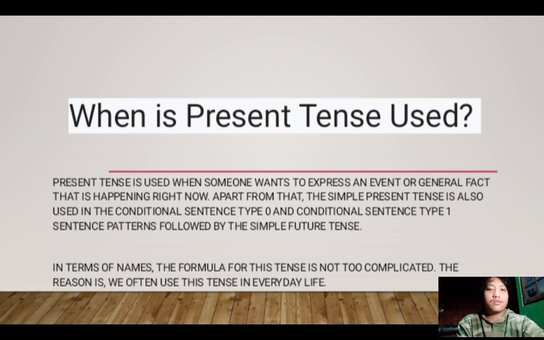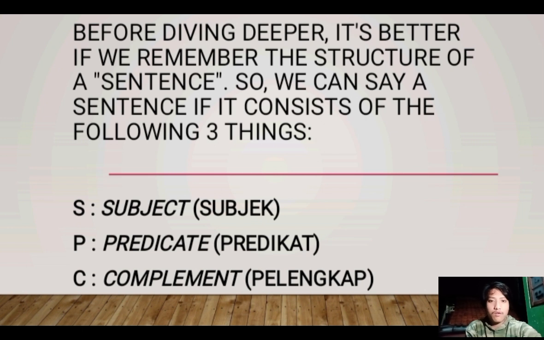The reason is we often use this tense in everyday life. Before going deeper, it's better if we remember the structure of a sentence. We can call it a sentence if it consists of the following three things: A, subject; B, predicate; C, complement.